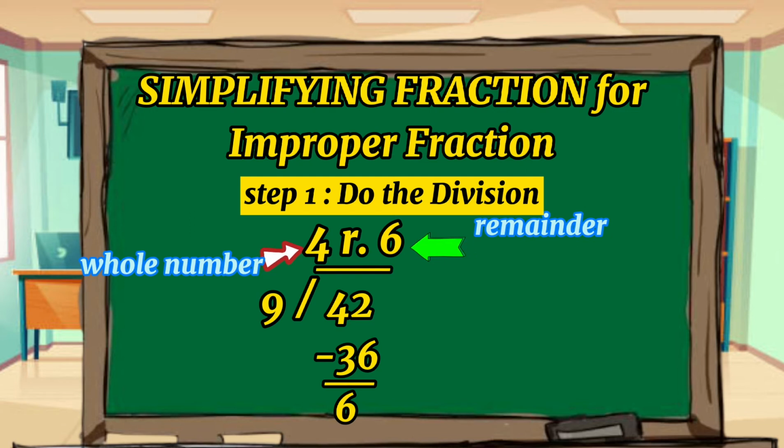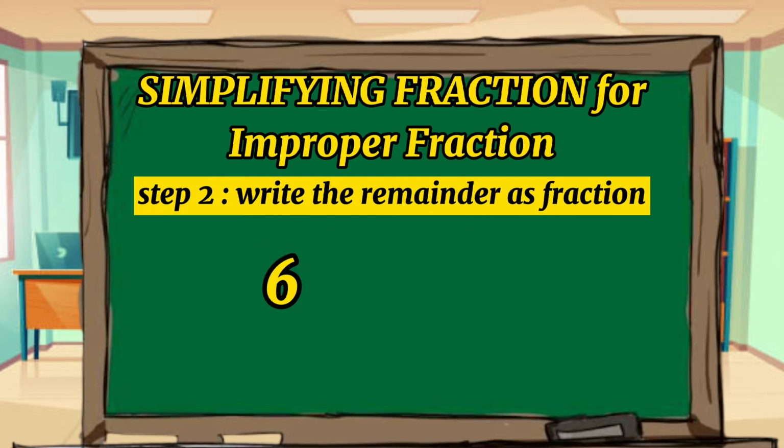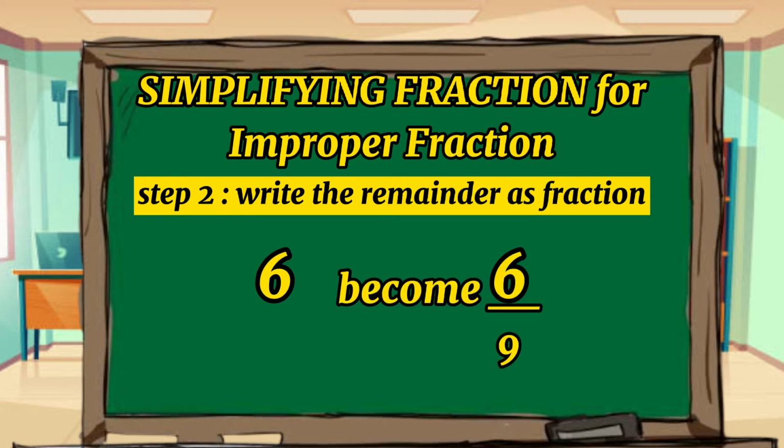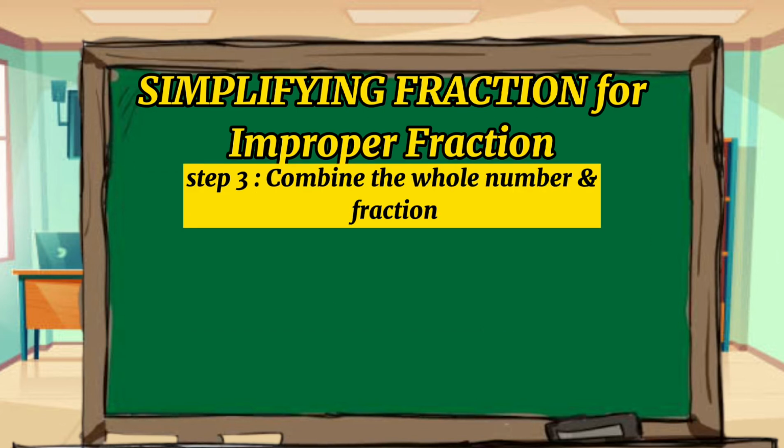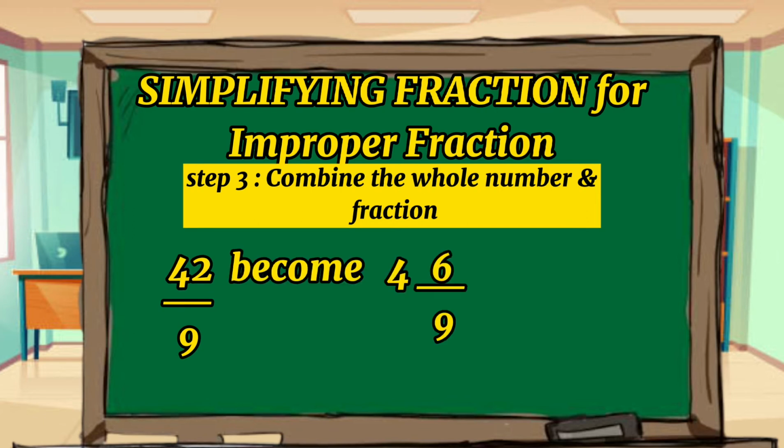Next, write the remainder as a fraction. So remainder 6 becomes 6 over 9. 9 is the denominator because it is the original denominator from the given fraction. Lastly, let's combine the whole number and the remainder fraction. 42 over 9 becomes 4 and 6 over 9.